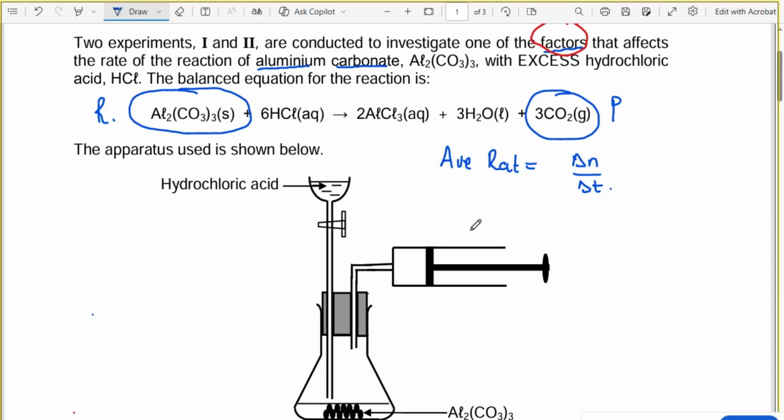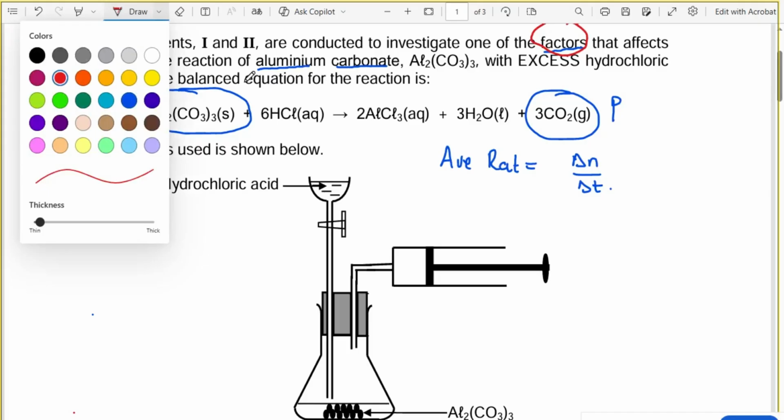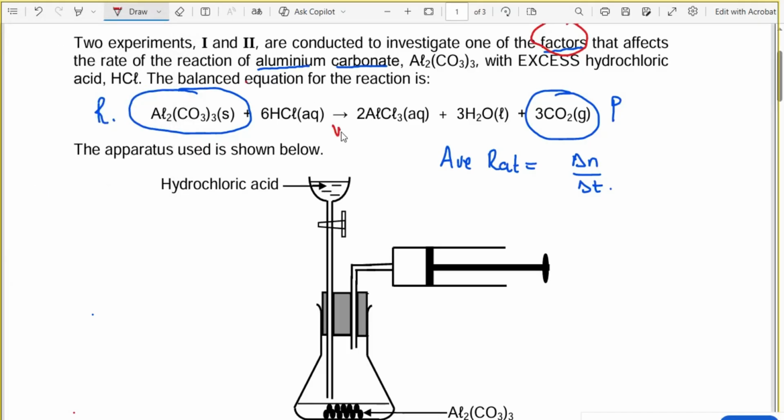Are you still with me? Yes. Okay, so you're going to write it down and say with reference to CO2. So now the average rate is 4.4 times 10 to the power minus 3.